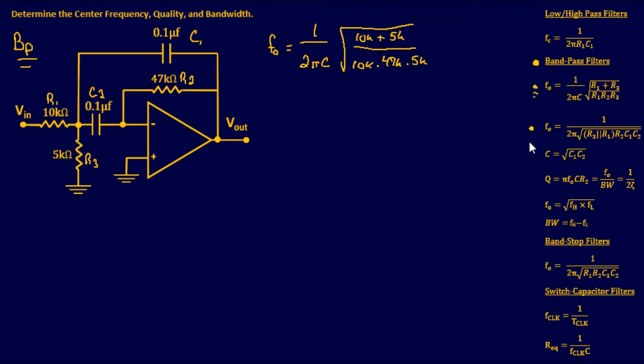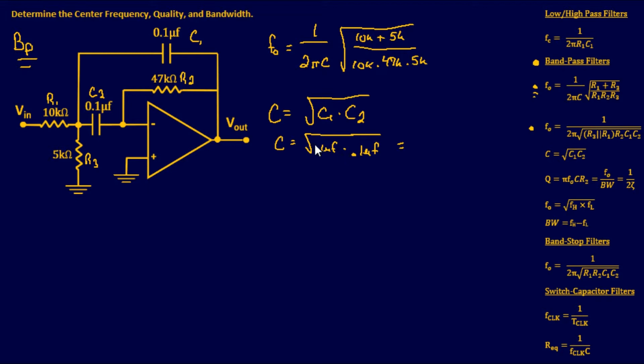I don't have C. Now C, our capacitance, is the square root of C1 and C2. So let me do that real quick. I'm going to say our capacitance equals the square root of C1 times C2, which is the square root of 0.1 microfarads times 0.1 microfarads.